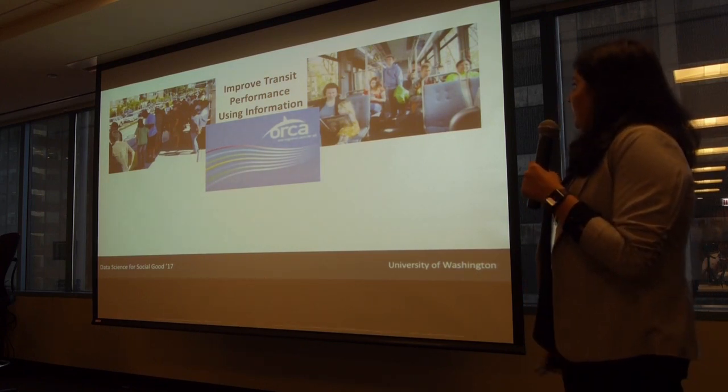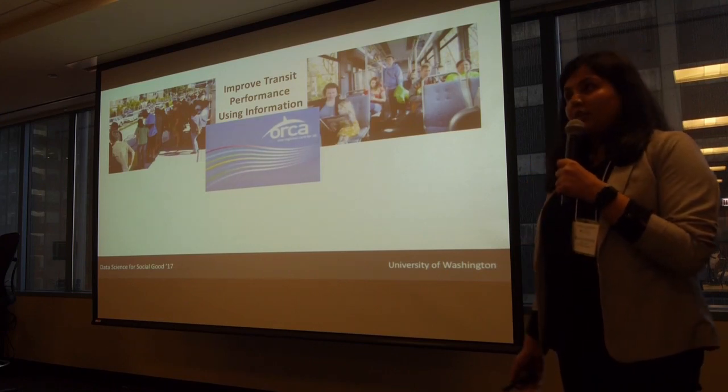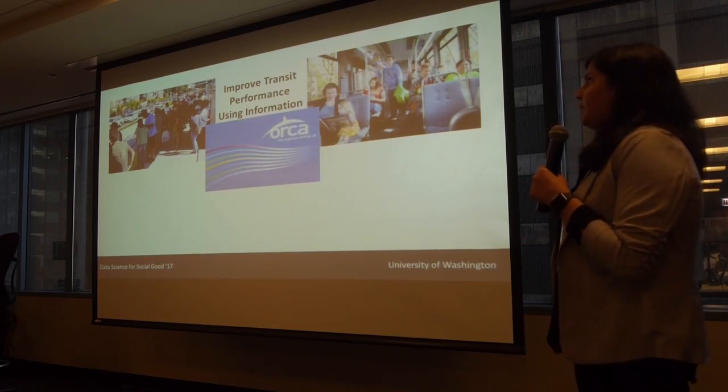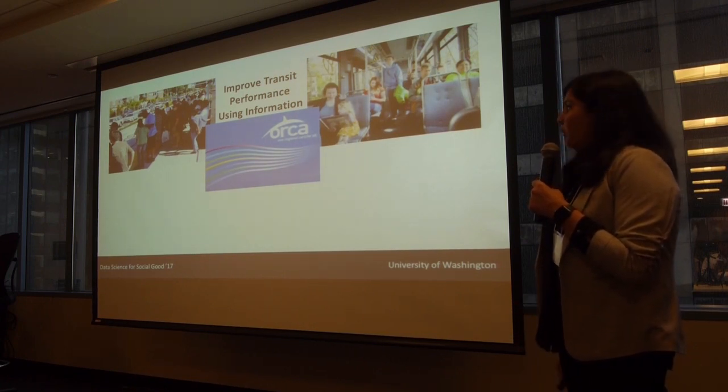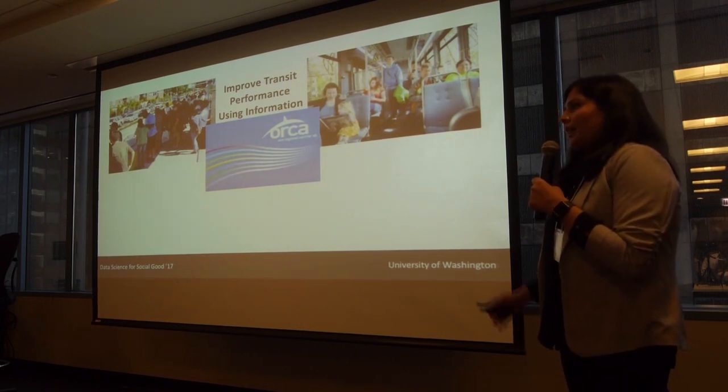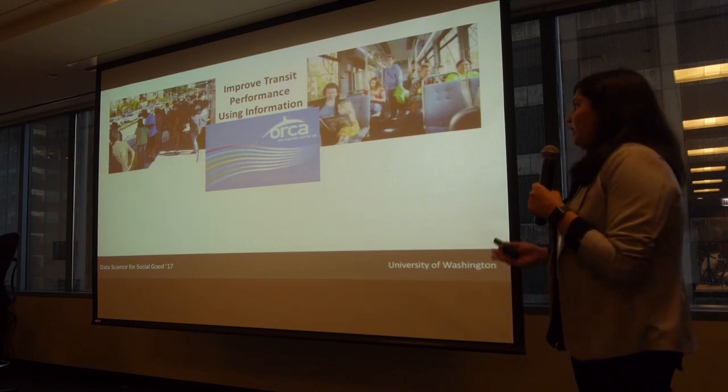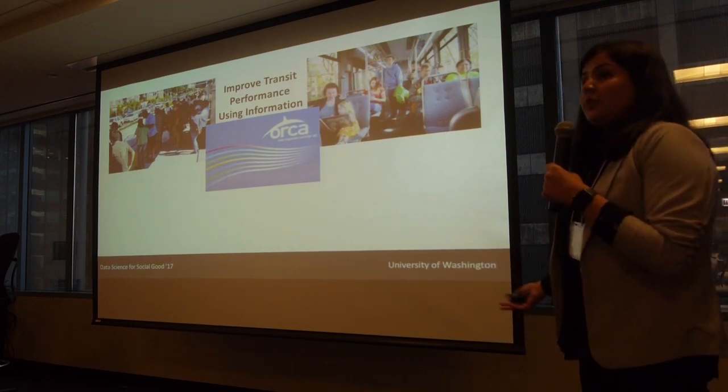And this data basically consists of transaction information, which is the date, the time, and the information about the bus route on which the transaction was made. And this data alone is not very useful because it's not geolocated.